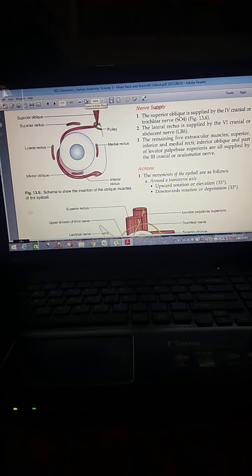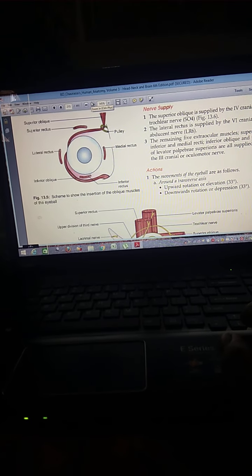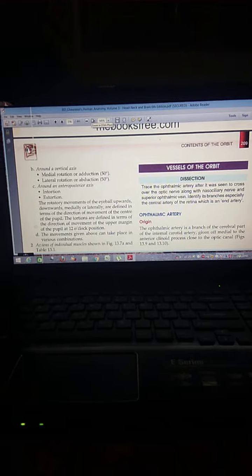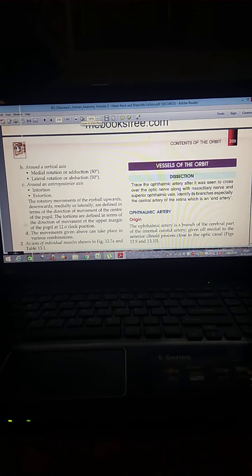The remaining five extraocular muscles are supplied by the oculomotor nerve, including the inferior and medial recti. Actions: movement of the eyeball around the transverse axis, upward rotation or elevation 33 degrees, downward rotation or depression 33 degrees; around the vertical axis, medial rotation or adduction 50 degrees, and lateral rotation or abduction 50 degrees; around an anteroposterior axis, intorsion and extorsion.